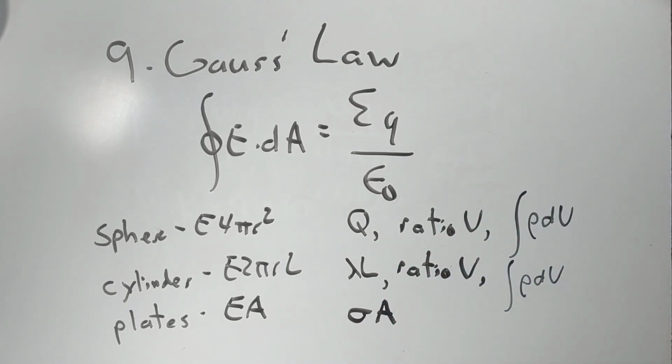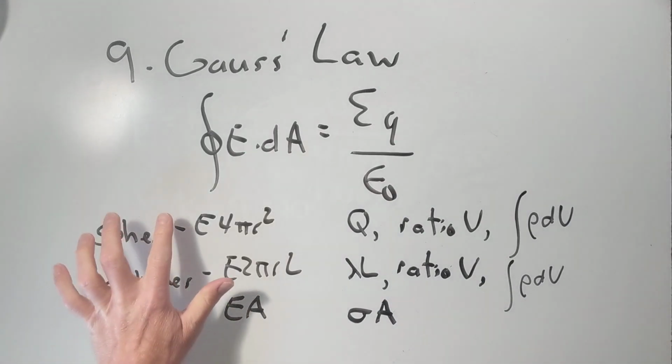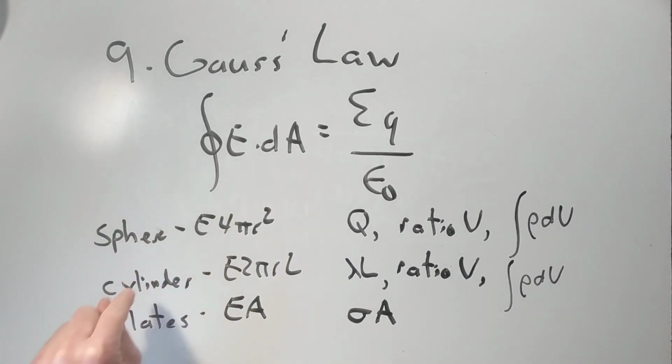The whole unit came down to one equation: the integral of E dot dA is the sum of all charges over epsilon naught. And then it's just knowing what piece to put in, knowing what kind of shape you're going to deal with. Again, I would be ready for the sphere and the cylinder. Those are the more common ones you would take a look at.